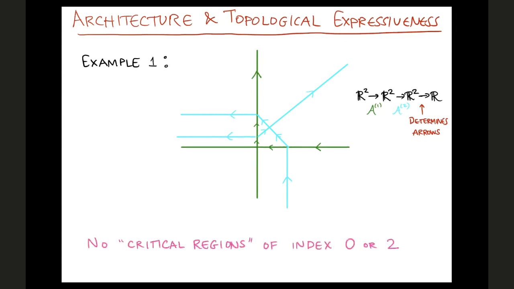And in this case, this is a particular example of a width 2 ReLU neural network on a two-dimensional input. You have no critical points, or what I call critical regions, of index 0 or 2. So this is another way of seeing in this particular case that you have no bounded connected components of your decision boundary.